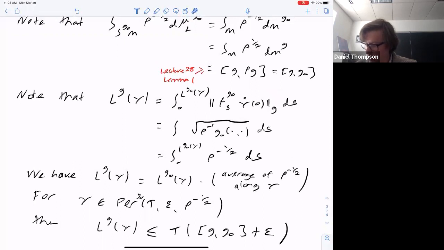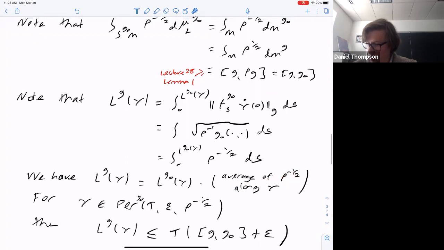That's coming from here: the average of this thing. There it is, equals that.